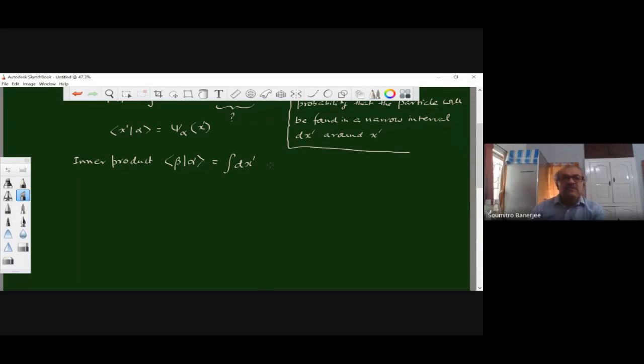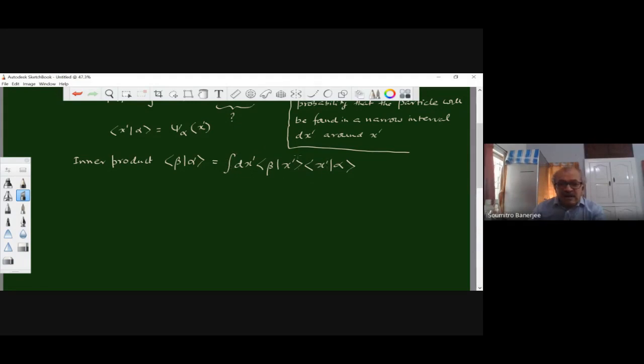Again, we'll put in the x prime here. So it is beta x prime alpha. See what we are doing. We are repeatedly substituting this, and if it is discrete, then we would have to sum it up. If it is continuous, we'll have to integrate it.